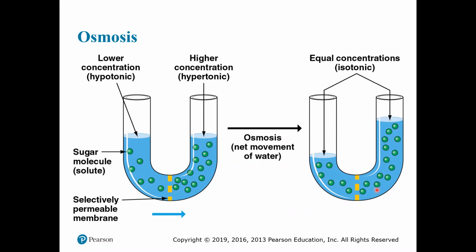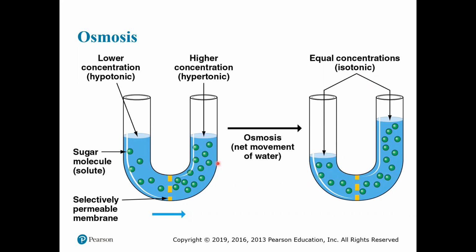So it's in equilibrium. Whenever you have equal solute concentrations, that is called an isotonic solution. When the solute on the left-hand side is equal to the solute concentration on the right-hand side, that solution is isotonic. Okay, so those solute concentrations are equal. Let's say it's 10% sugar and 10% sugar.